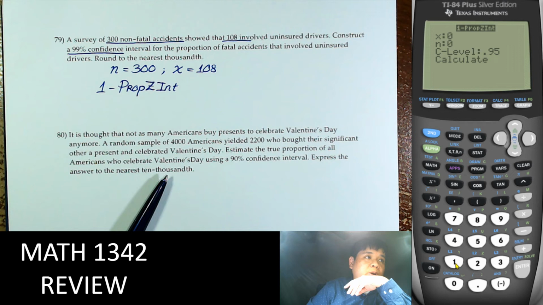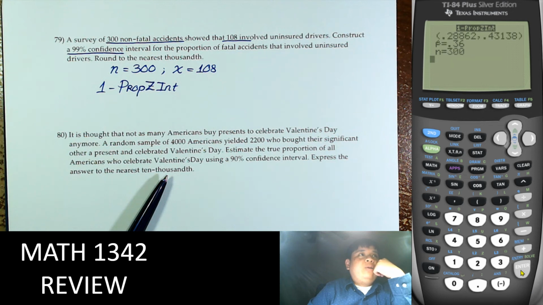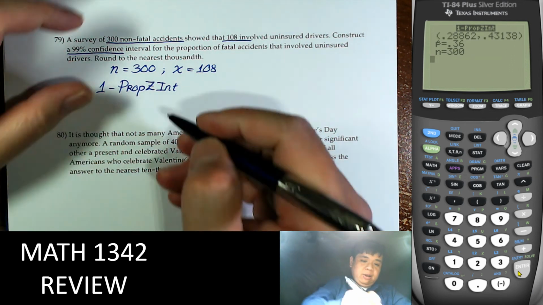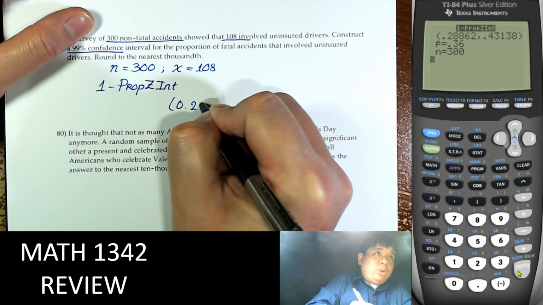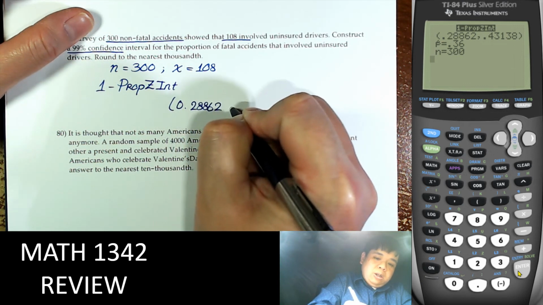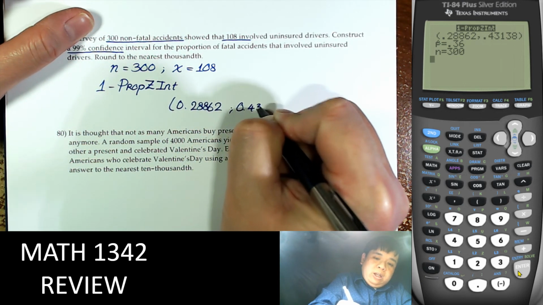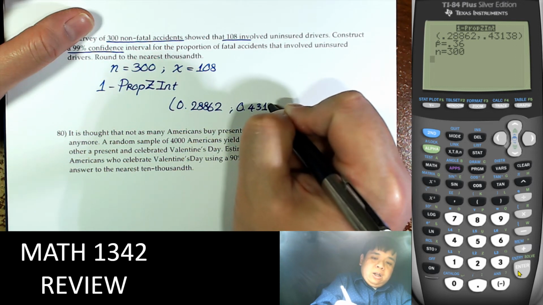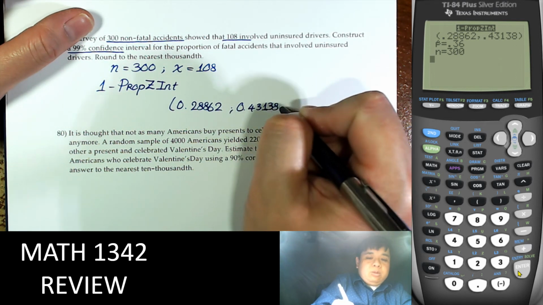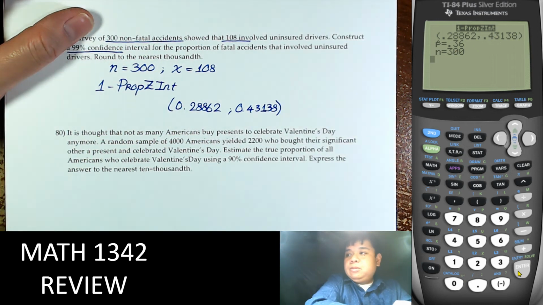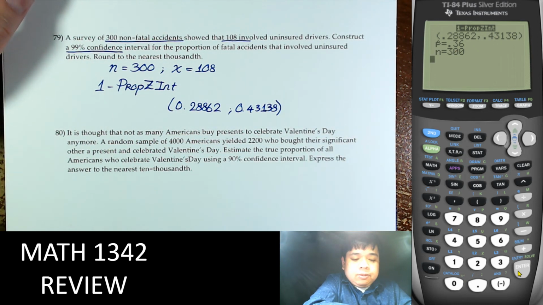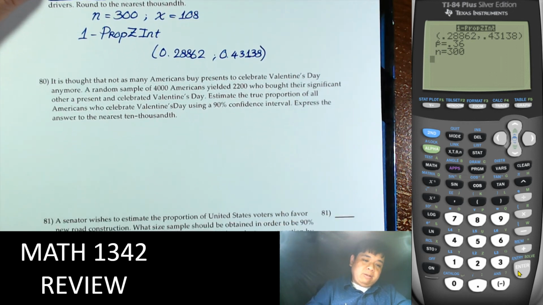X is 108, n is 300, and 90% confident. Then calculate. We have between 0.28862 and 0.43138. Right, so simple enough.